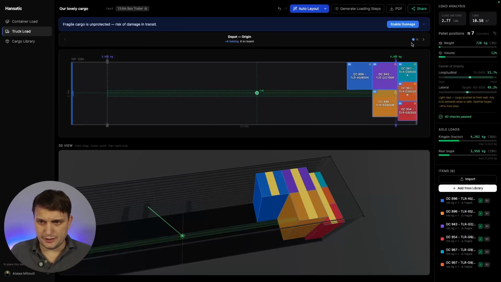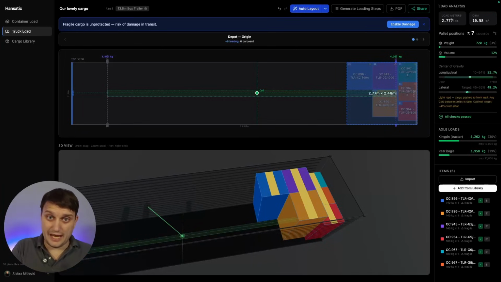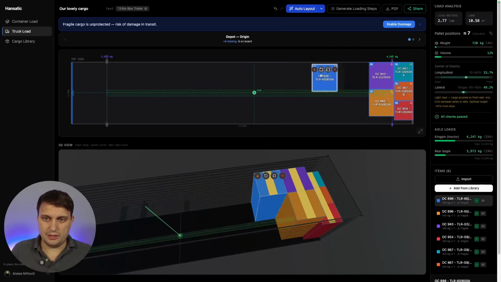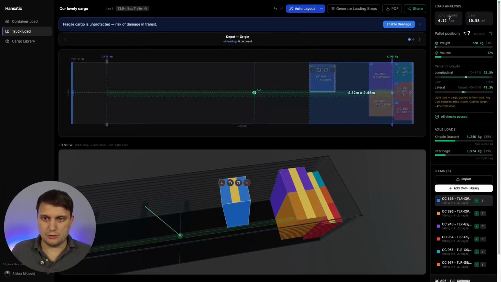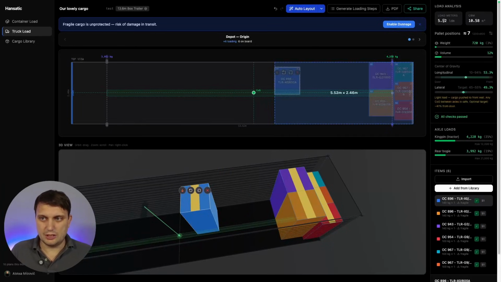You can see it here, and it's basically the length of the total cargo. Even though you might have gaps in the width, the most important thing is the length. And let's say if we put it like this, our load meters obviously increase. So that is just to understand what the load meter is.